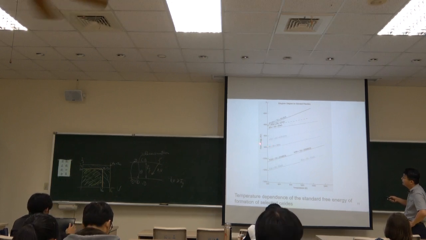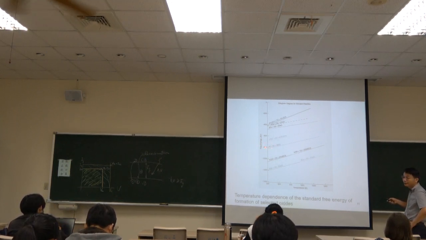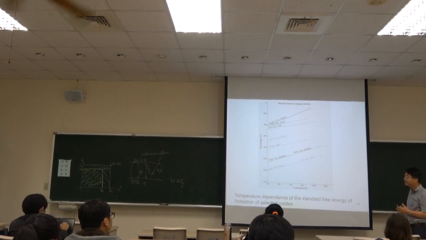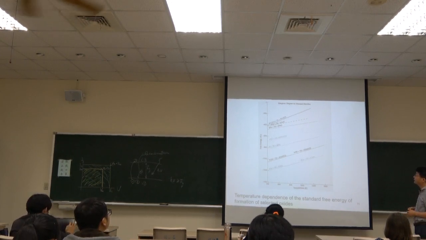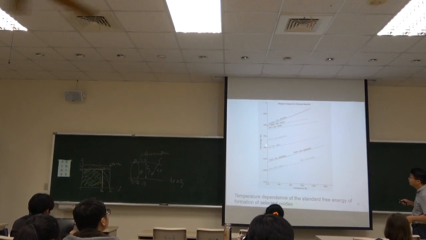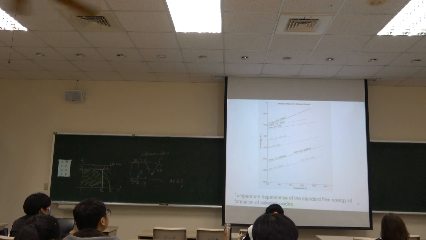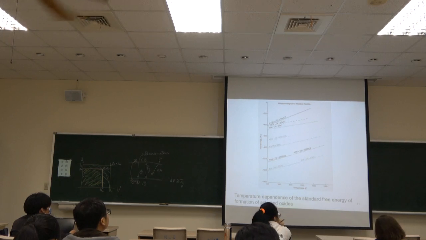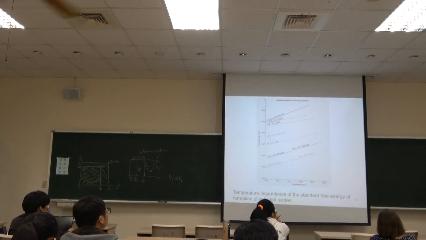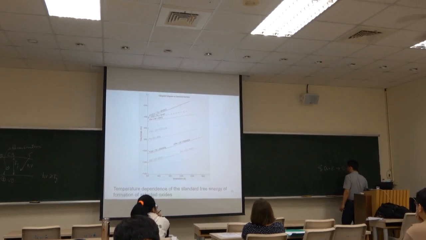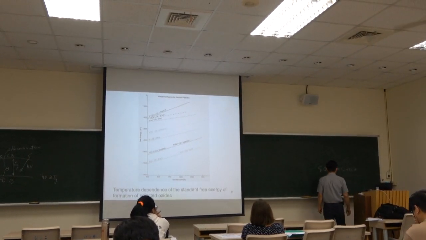The free energy is a negative value, which means very stable. It's quite stable. So we can use carbon to produce the silicon, with CO2, right? CO2.